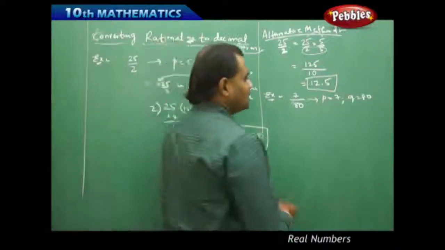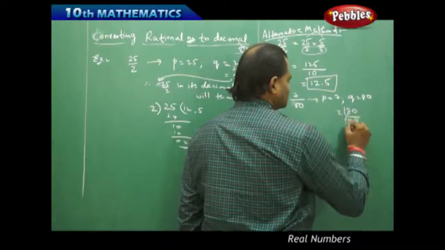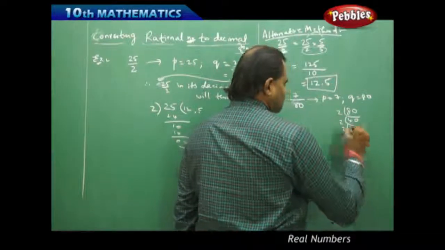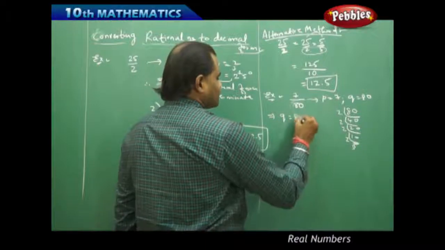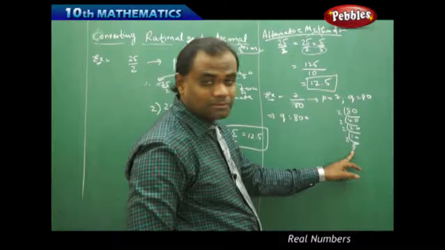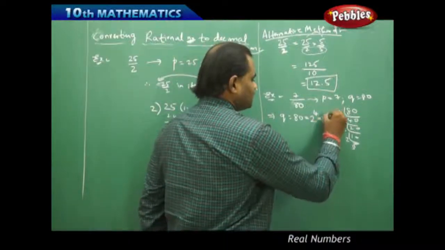So let's see how we can do that. When I take the factors of 80: 2 40s, 2 20s, 2 10s and 2 5s. As I can clearly see, 80 can be expressed as 4 multiples of 2 and 1 multiple of 5, so 80 can be written as 2 power 4 into 5 power 1.